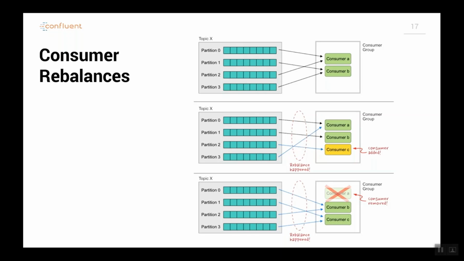The way this works is there's a group coordinator component in the Kafka cluster that is monitoring the state of the consumer group, detecting when any changes occur, and triggering this rebalancing operation. This consumer group coordination protocol that's utilized internally is actually general purpose and is not limited to just consumer groups.